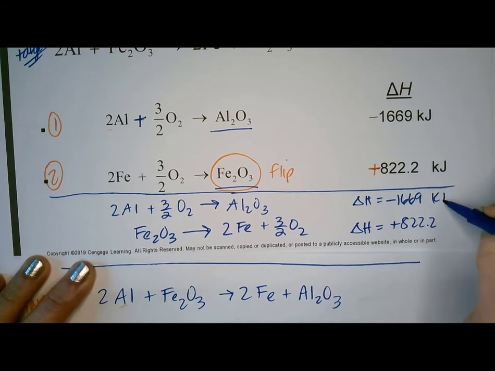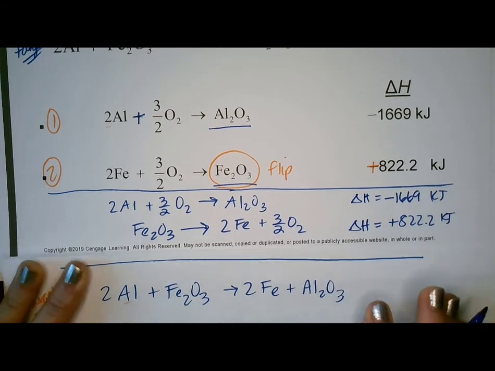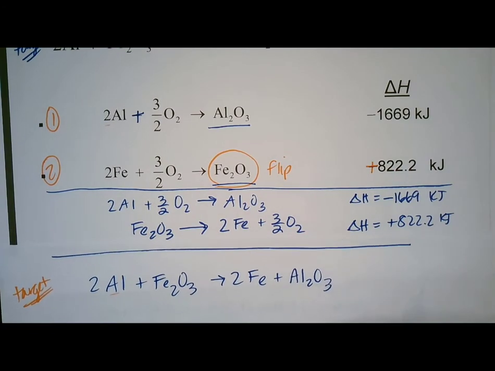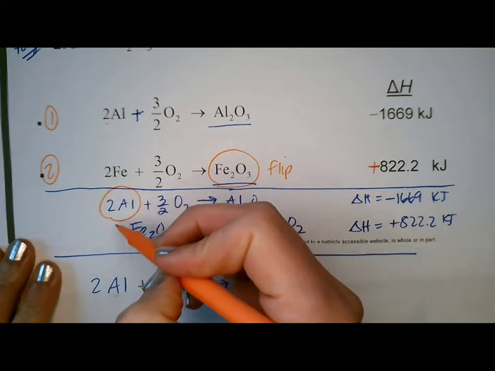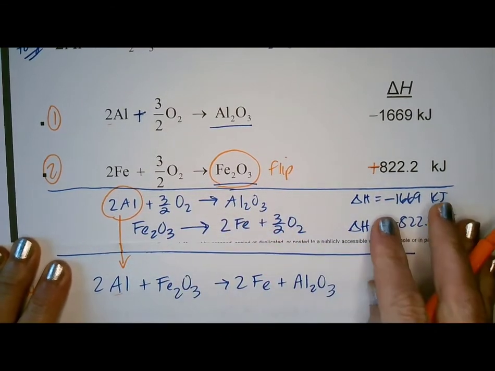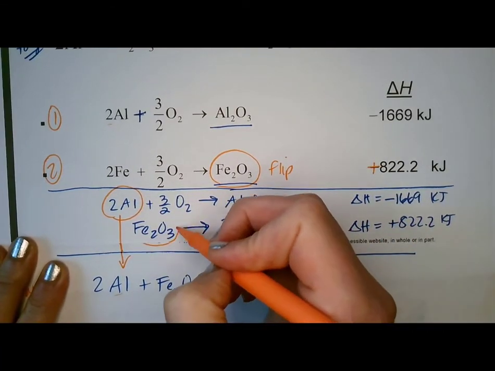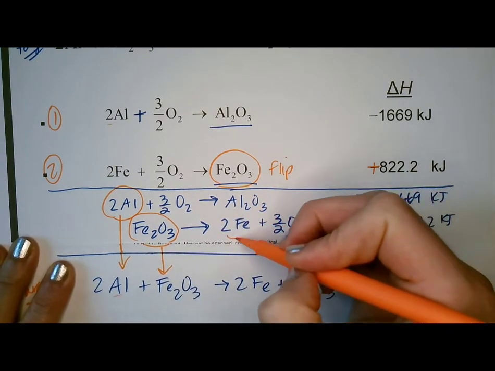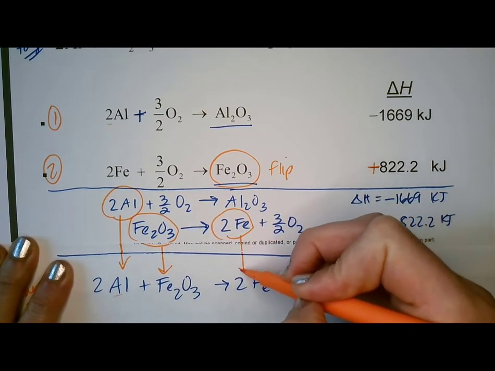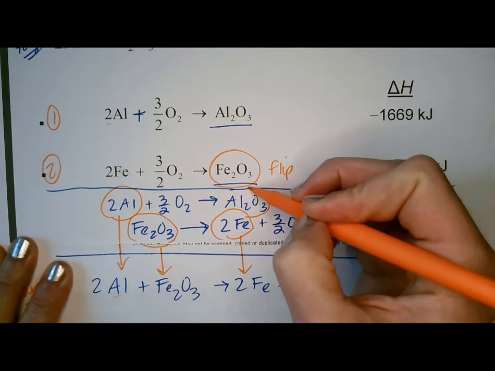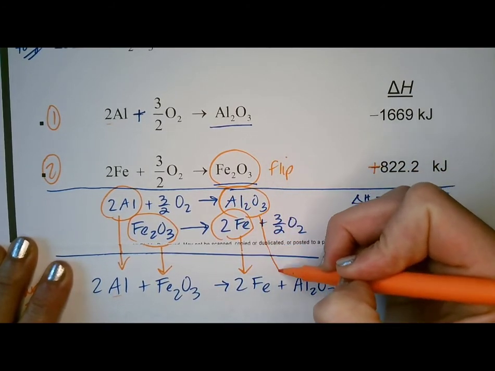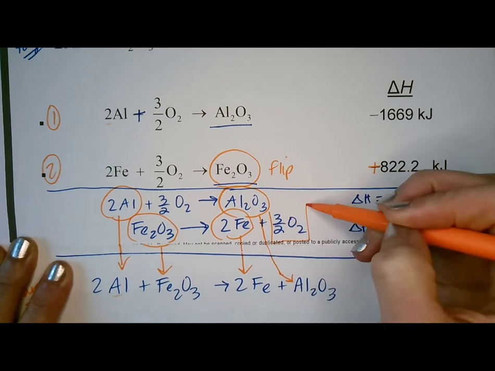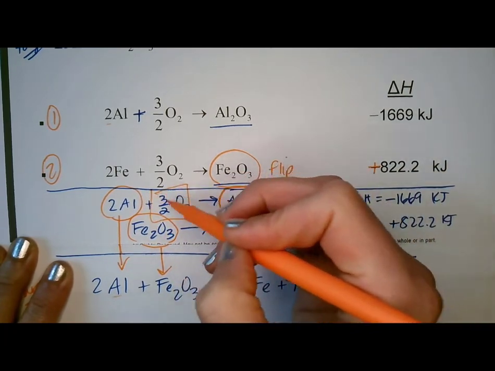So now let's see if we can cancel anything out and get to our target equation. Okay, we've got our 2 aluminums. Good. We've got our Fe2O3. Good. We've got our 2Fe. Good. We've got our aluminum oxide. Good. And then notice I have 3 halves oxygen on the right and 3 halves oxygen on the left.